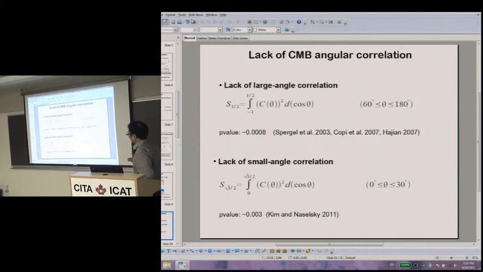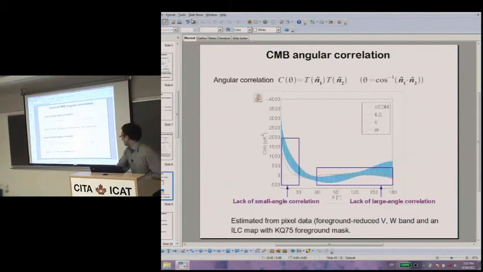It's not as low as the large angle case, but it's quite low. So in terms of the angular correlation, we are in bad shape, because only this small window of angles agrees with the data.